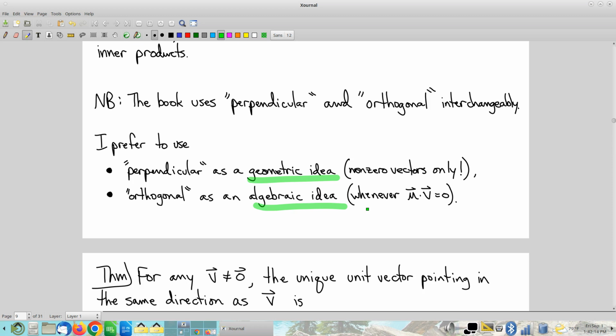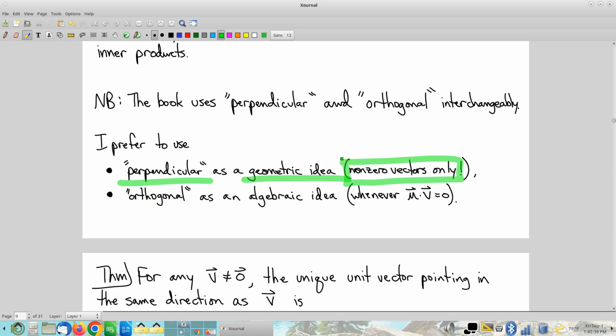And when you have two concepts that are nearly the same but not quite, there's a strong temptation to use the same word to describe them both. But when you use the same word to describe them both, that makes it impossible to talk about how they are a little different. And they are, importantly, a little different. So in particular, this idea of perpendicularity, this geometric concept of a right angle, only makes sense if you're talking about non-zero vectors.